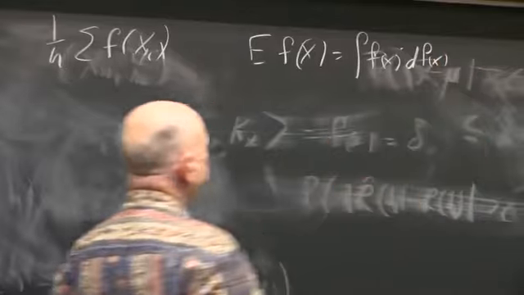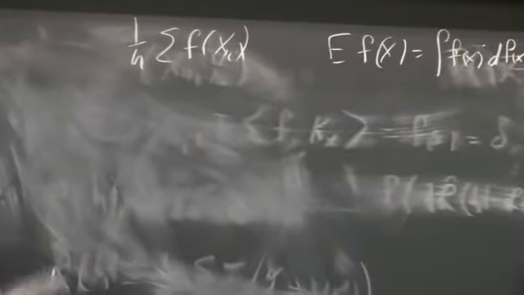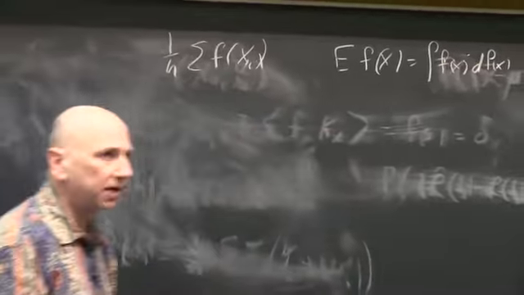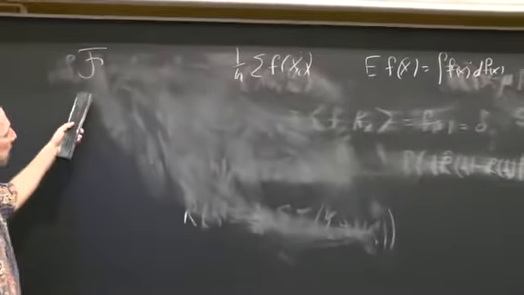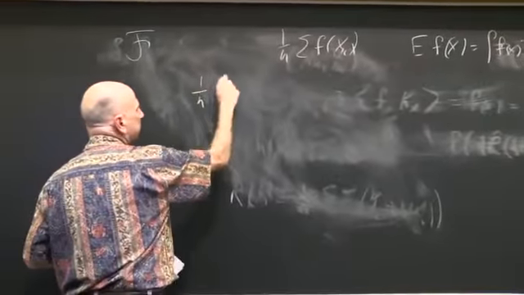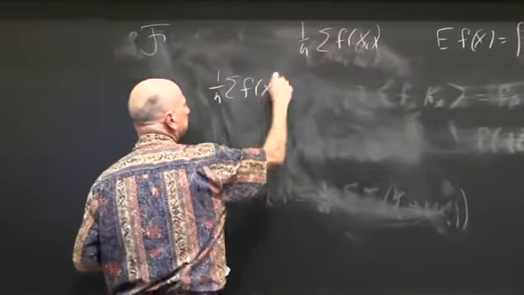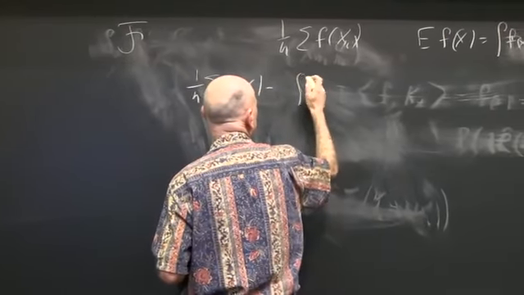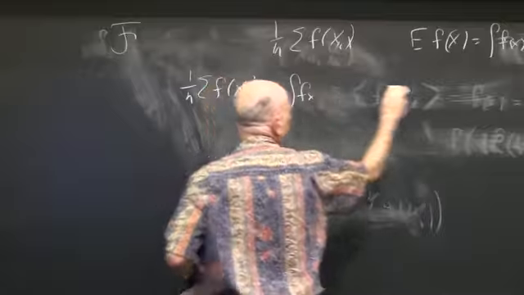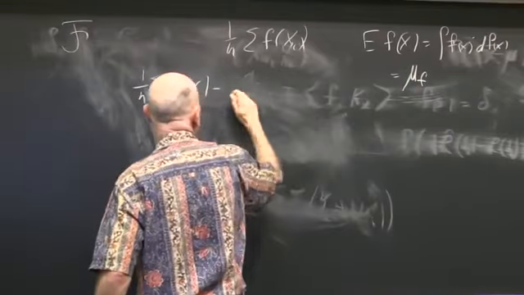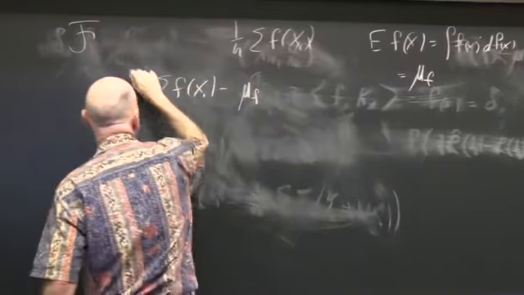Okay, and we know, let's say it was bounded, so we know from Hoeffding's inequality again that this is close to this with high probability. But we really want to look at how close is this over the whole space. Let's just call this mu sub f. I want to look at this.